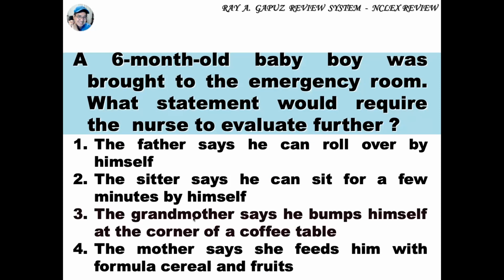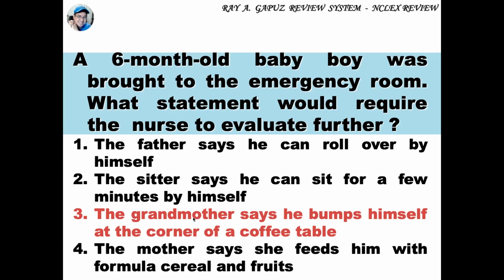The grandmother says he bumps himself at the corner of a coffee table. Question: can a 6-month-old walk on their own or cruise? Yes or no? No. So how was he able to bump himself at the corner of a coffee table? Right? It could be a sign, correct, of abuse. Number 1, the father says he can roll over by himself at 6 months.